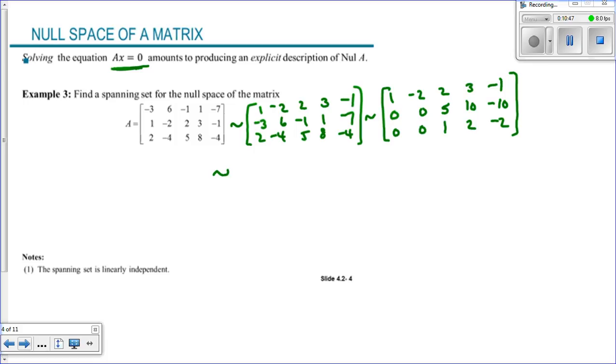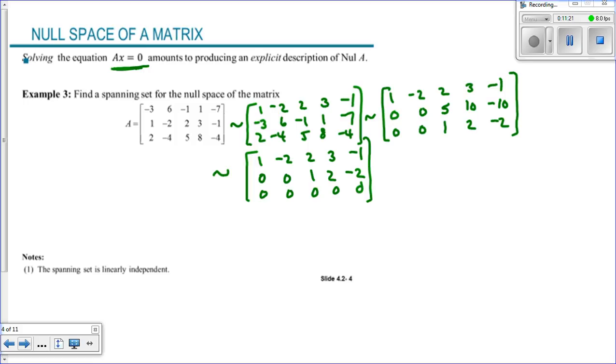Okay. Clearly we're going to have some free variables here. I'm going to divide this one through by 5. And now you notice if I take negative 1 times row 2 and add it to the last row 3, I'm going to get a row of all zeros. Okay, so we have two basic variables, the x1 and the x3.